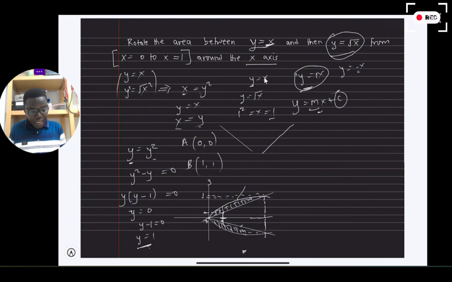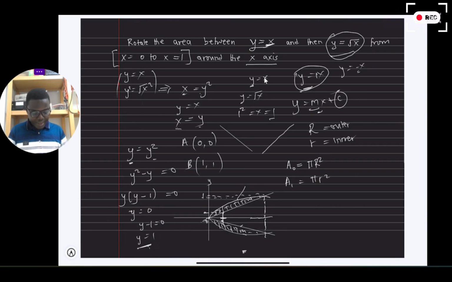So let's assume that the outer function has a radius of capital R, right? That is outer. And then the inner has a radius of small r, as I was saying last time. That is inner. So for the area of the outer function, let's say A_O is going to give us pi R squared, and then the inner function is going to give us, let's say A_I equals pi small r squared.